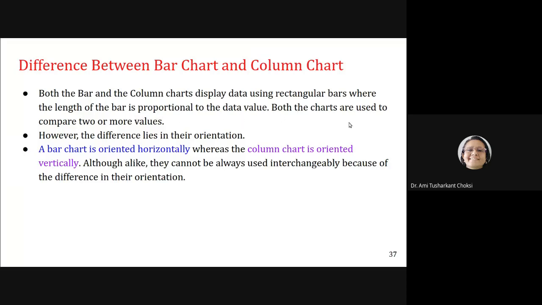Both the charts are used to compare two or more values. However, the difference lies in their orientation. A bar chart is oriented horizontally, whereas the column chart is oriented vertically. Although alike, they cannot be always used interchangeably because of the difference in their orientation.